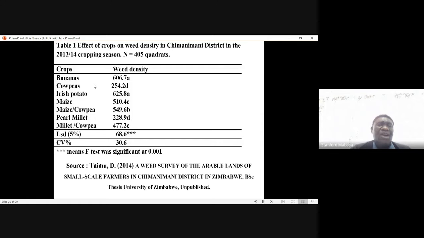As well as the cowpeas. It was thought that probably these crops were suppressing weeds via allelopathy, and indeed, in some studies, pearl millet has been established to suppress weeds via allelopathy.